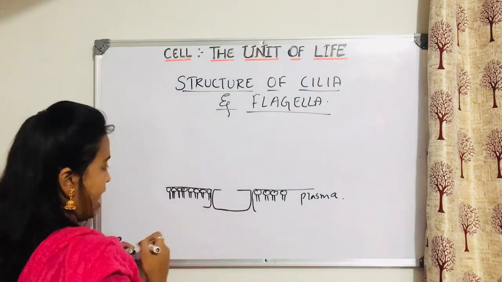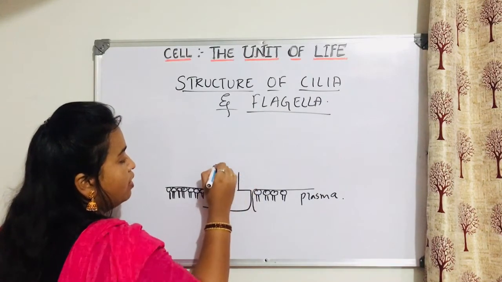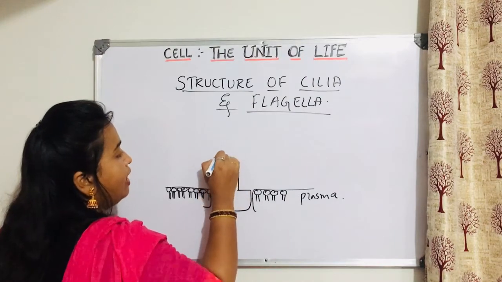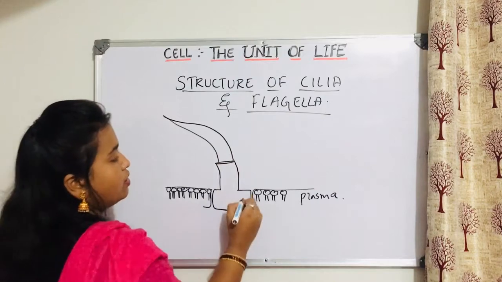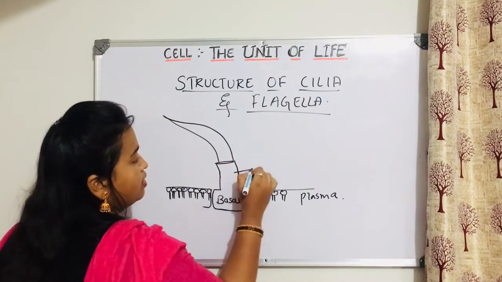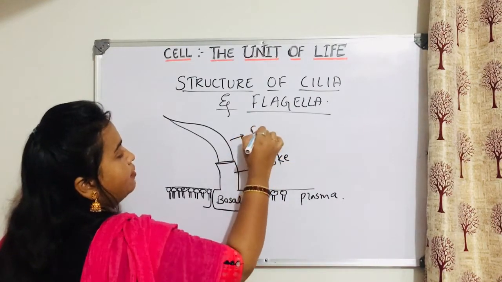Then it has a structure called the hook, and then it has this filament. So this is the basal body, this is called the hook, and this is called the filament.